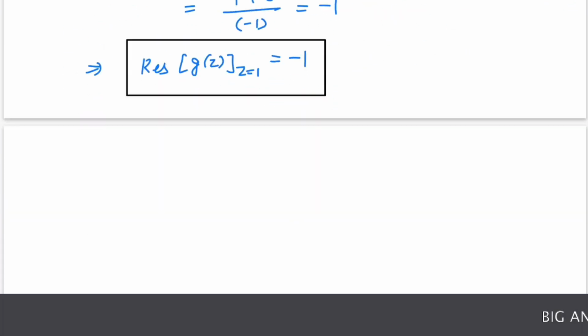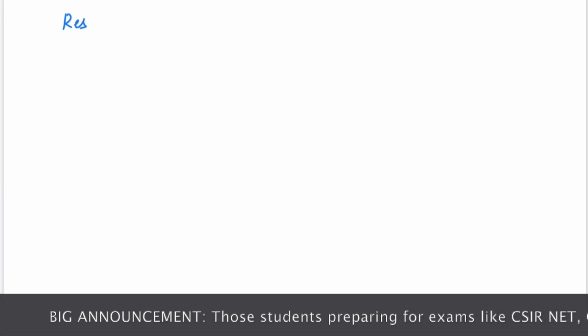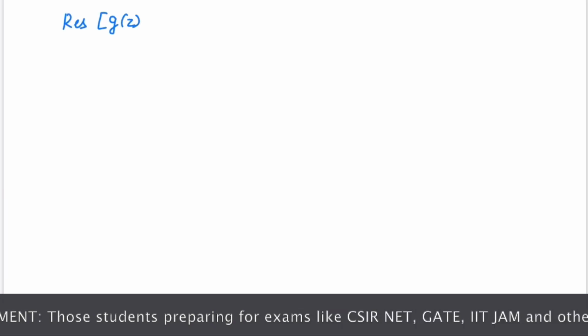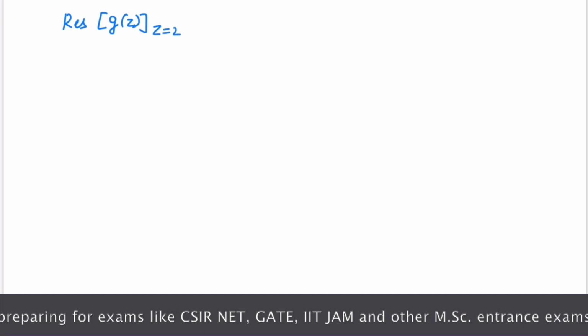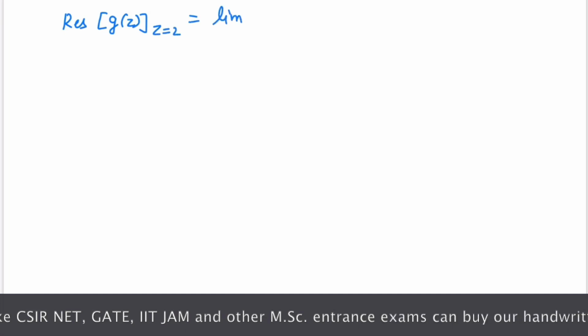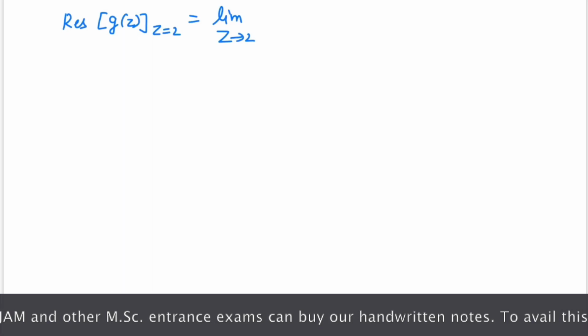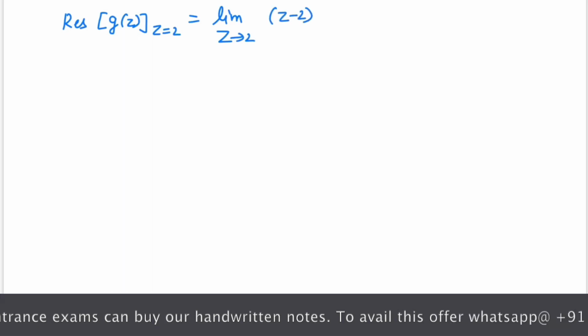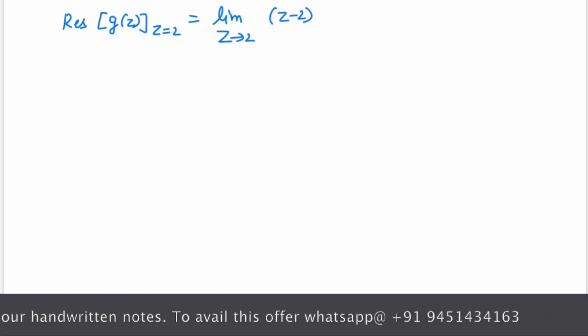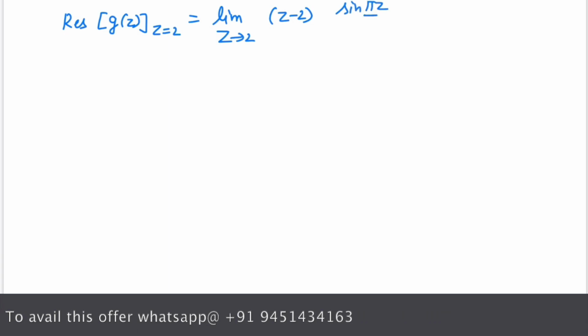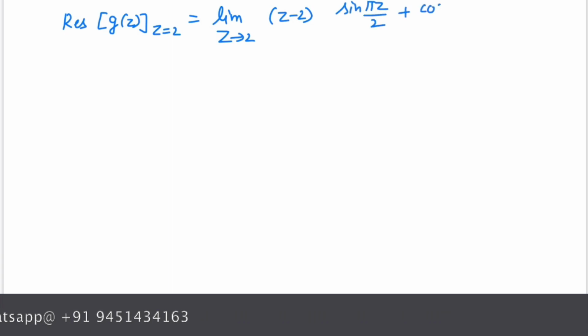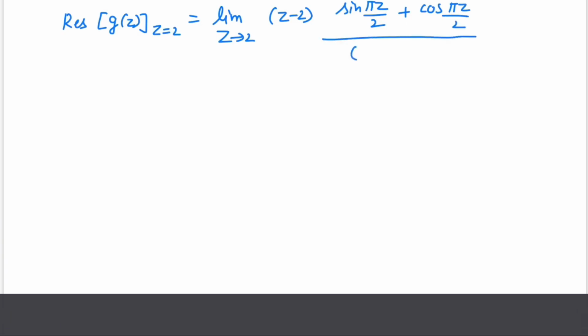Now let's find residue at point z equals to 2. Okay. So residue for function g of z at point z equals to 2. This will be limit z tends towards 2, z minus 2, g of z is sin pi z over 2 plus cos pi z over 2 over z minus 1, z minus 2.